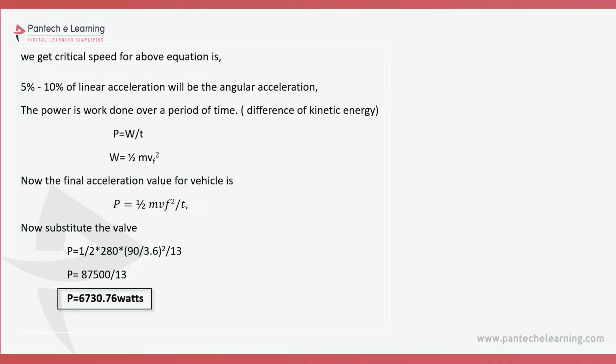Okay, we know all the values, where m is the mass of the vehicle and v is the velocity of the vehicle. So now we can substitute in the power formula: power equal to half into m into v square by time. We substitute the values: half into mass of the vehicle into velocity of the vehicle squared, by time. Once we simplify, we get this value.